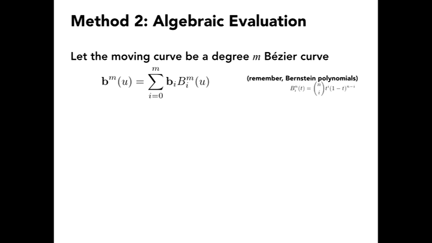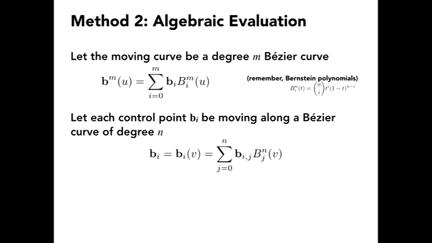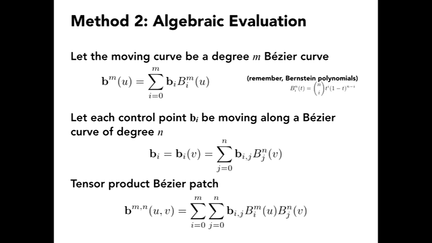But we have the Bernstein polynomials, and this point along the curve of degree n, the moving curve, is given by this equation. And each of the points that define the control points for that moving curve will come from the 4 other control points. So if you write it all out, this tensor product will end up having 2 sets of independent Bernstein polynomials in each of the independent variables, U and V here.